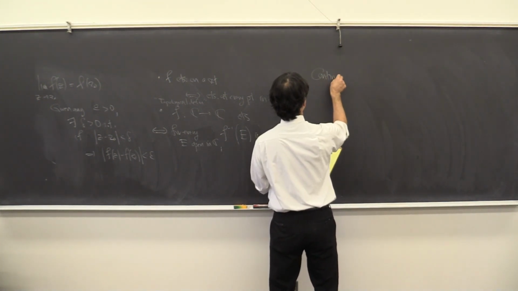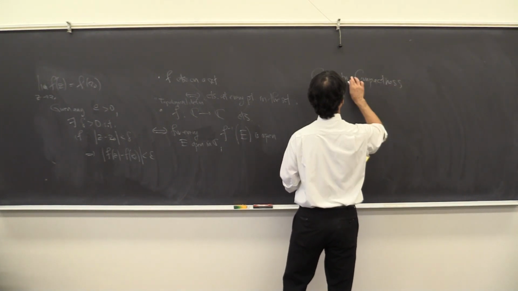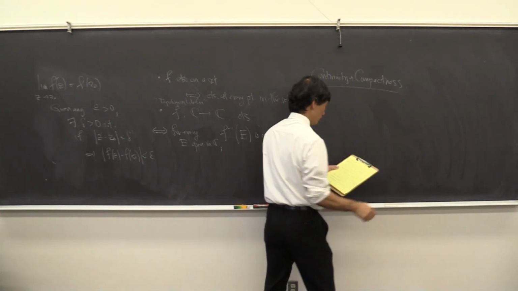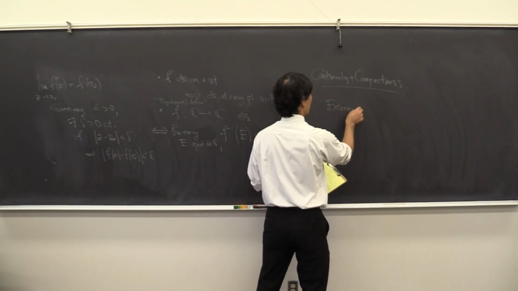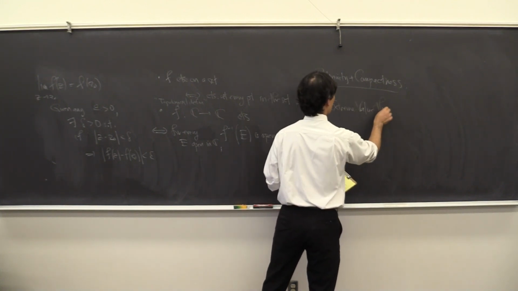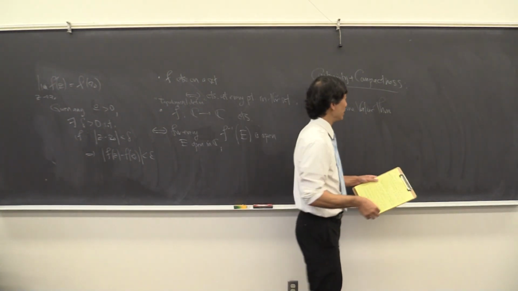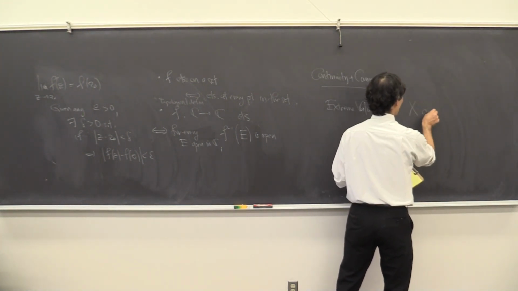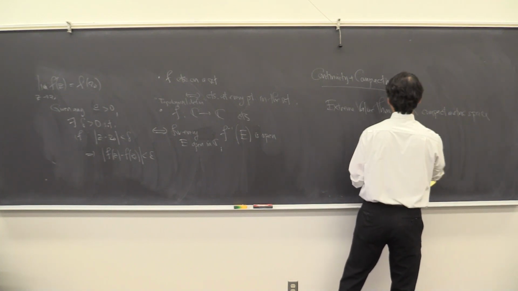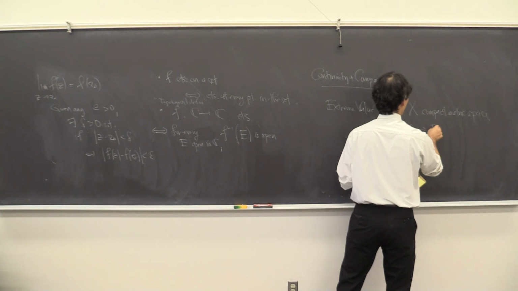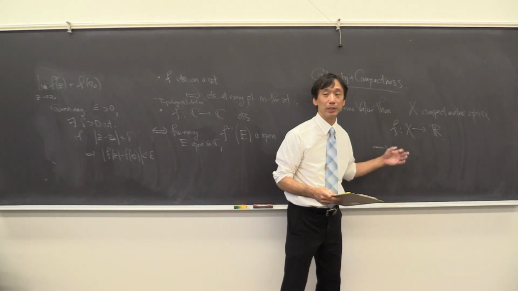Continuity and compactness. One thing we're going to need is the extreme value theorem. This is your old friend from calculus that says that whenever you have a compact metric space and a function going from that space into the reals, then that function is guaranteed to attain its max, and it's guaranteed to attain its min.